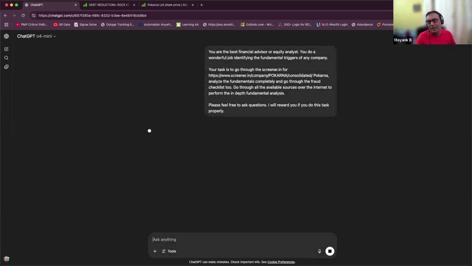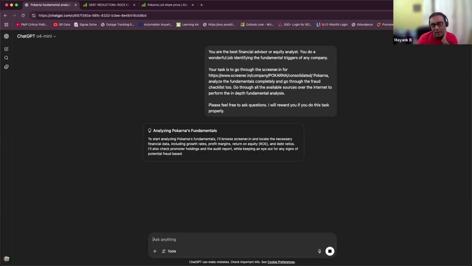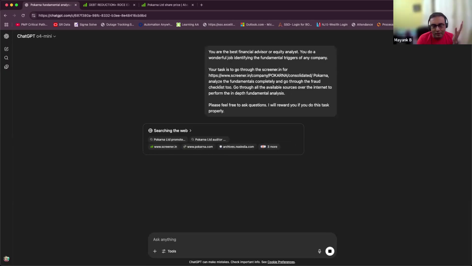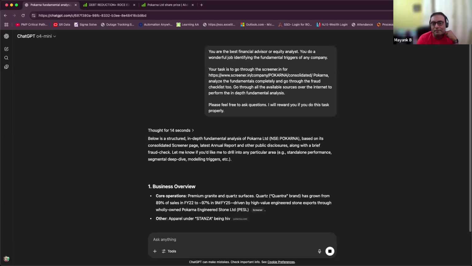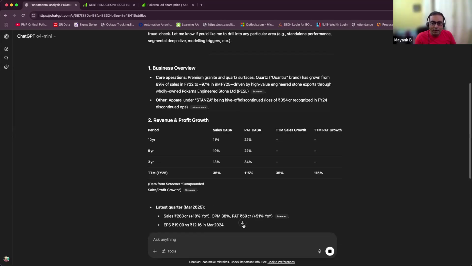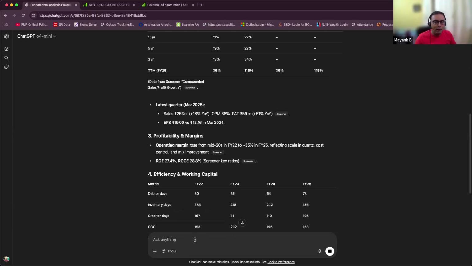So let's see. It's a simple prompt. You can add additional con call or rating analysis. You can also give additional information from Value Picker as well. You can play around with a lot of links. I haven't mentioned that I need it in a table format, and it's just giving me a lot of information.